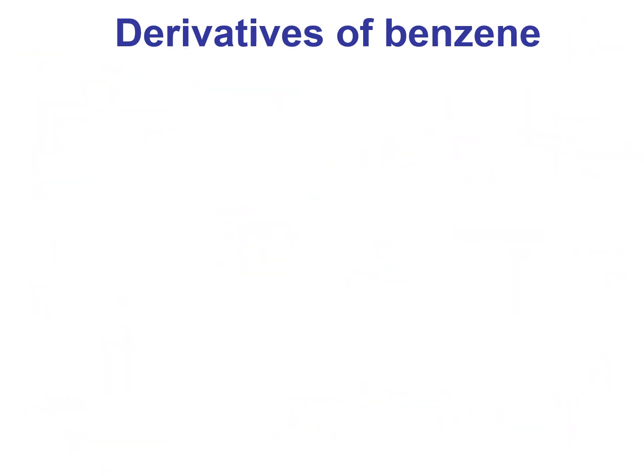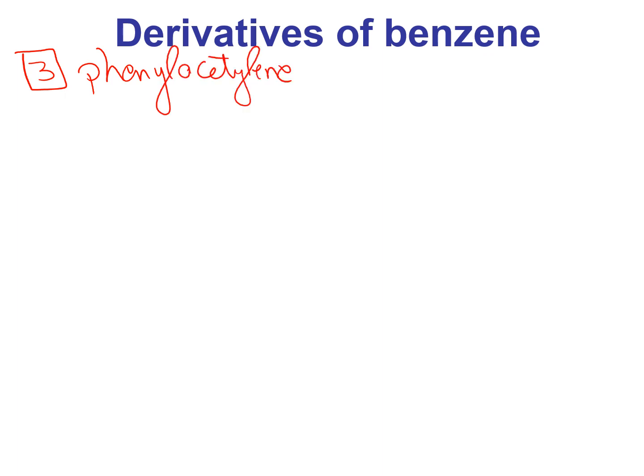The third class is the acetylenic compounds. We have the phenylacetylenes. So now we have the benzene carrying a triply bonded compound or a triply bonded side chain. How do we synthesize acetylene?